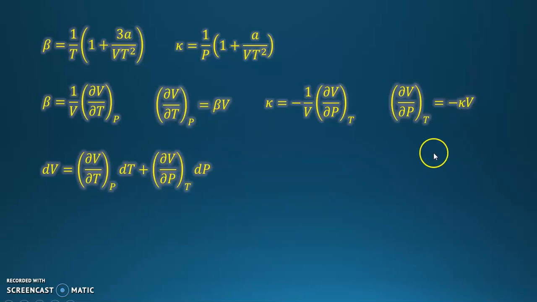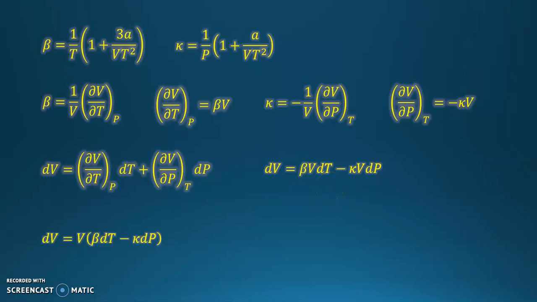If those expressions are put in this total differential, we get this term. In this part we can factorize the variable v. If we do that, we get that dv is equal to v times beta times dt minus kappa times dp.